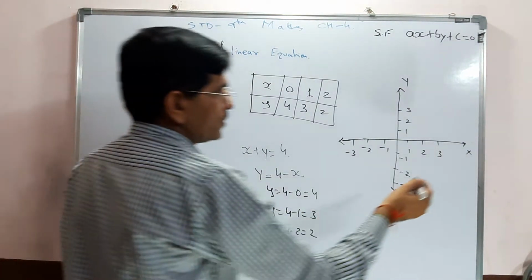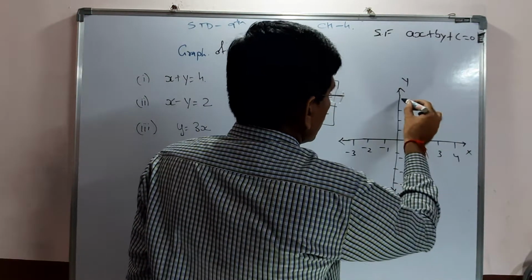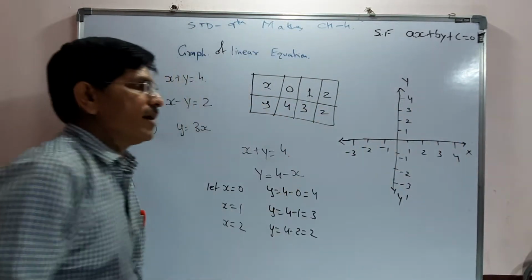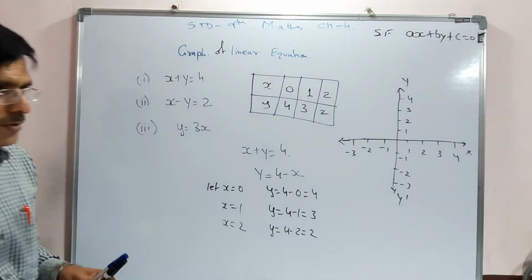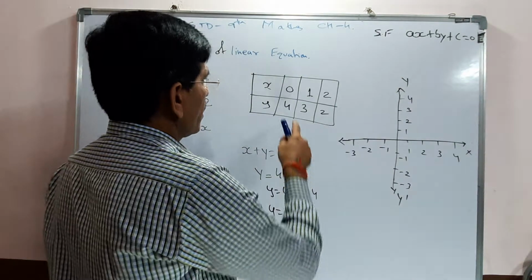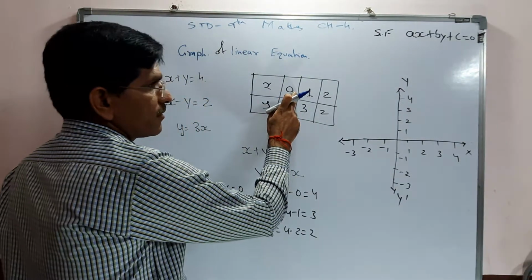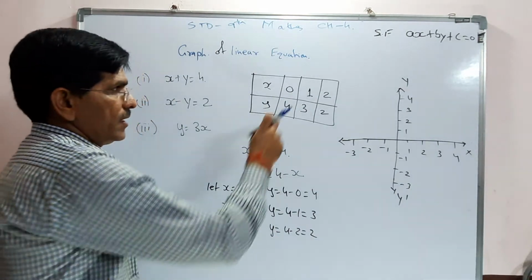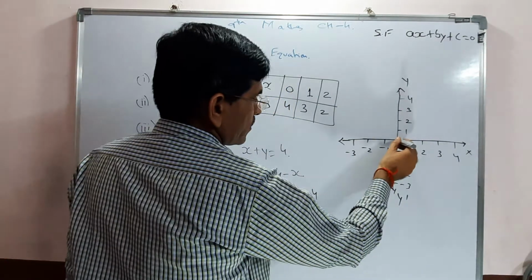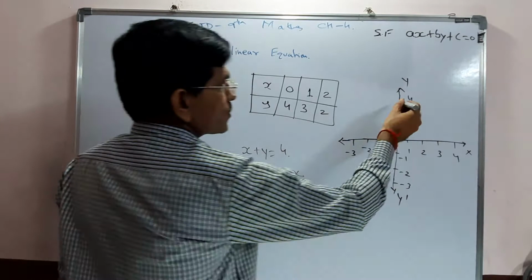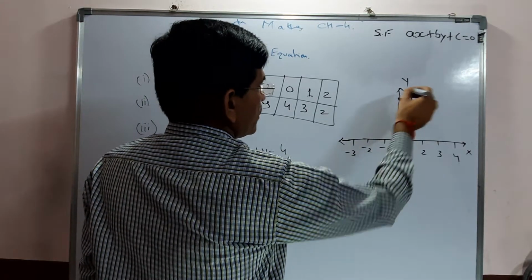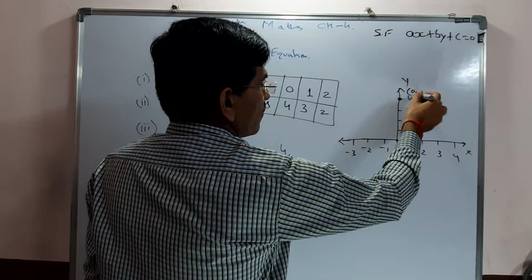Now if you want to draw this graph, first understand the point 0, 4. Here x is equal to 0 and y is equal to 4, so we write 0, 4.